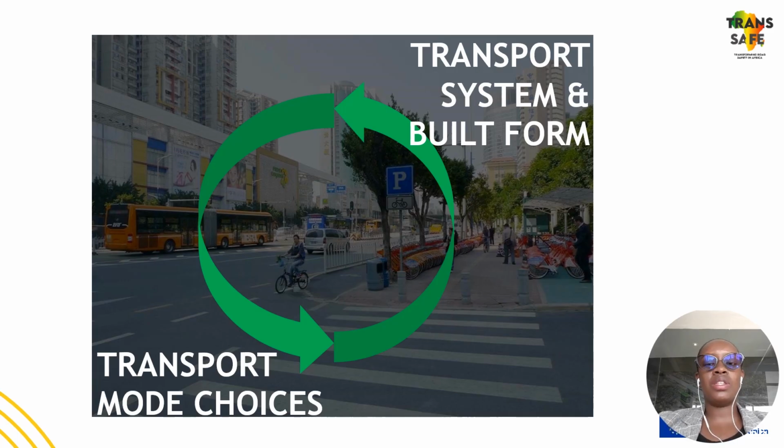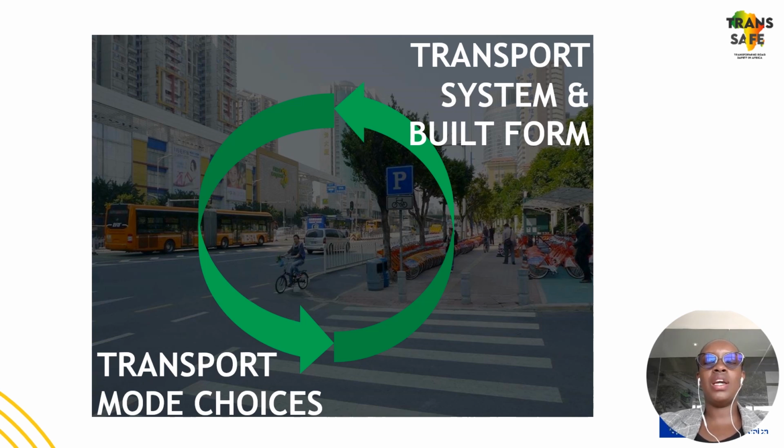So as we said, in transit-oriented development, we have the transport system and the built form being well linked, and that has a direct impact on the transport mode choices made in that area.